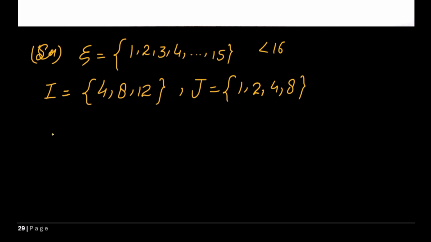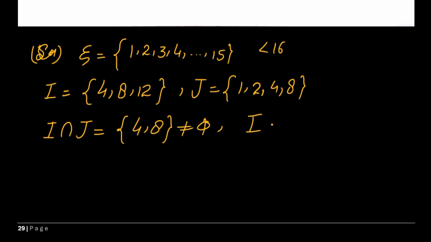Now to make the Venn diagram of these sets, the first important thing we have to check is whether the intersection of I and j is empty or non-empty. You can see here the intersection of I and j consists of two elements, 4 and 8, which is non-empty. The second thing, you can see both sets I and j are not equal, they are not the same.